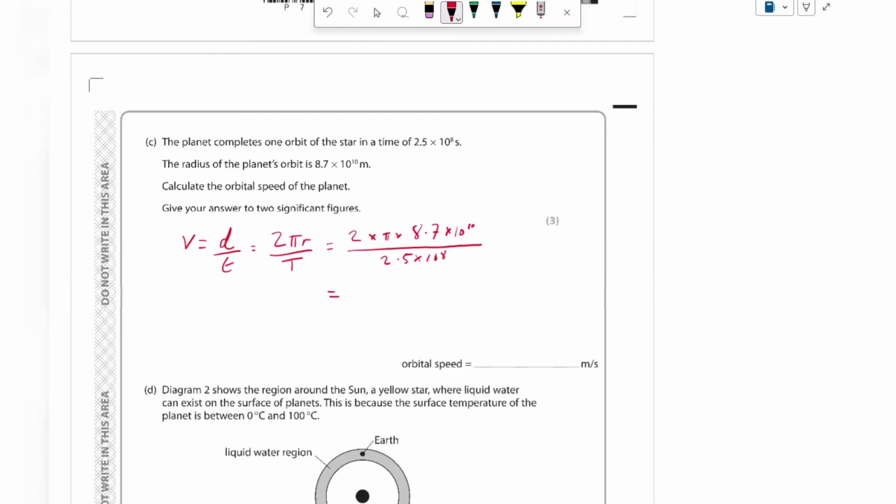Put that into your calculator, and you should get... it's a two significant figure question. These are also two significant figures, so to two significant figures, it's 2,200 meters per second.